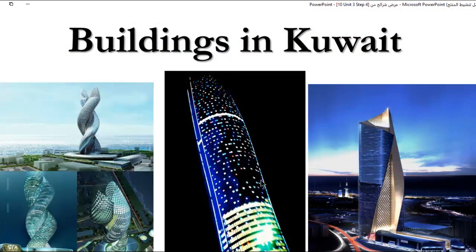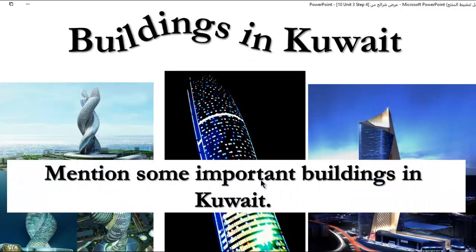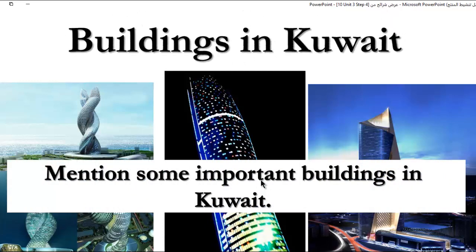If I ask you, mention some important buildings in Kuwait. Yes, that's true. There are many important buildings in Kuwait, such as Kuwait Towers, the Avenue Mall, 360 Mall, etc. So, let's start to study our new vocabulary for this lesson.